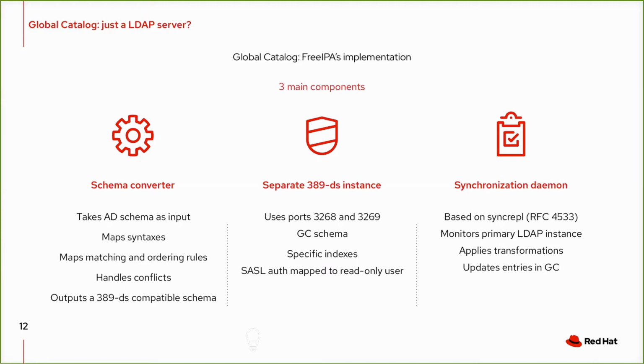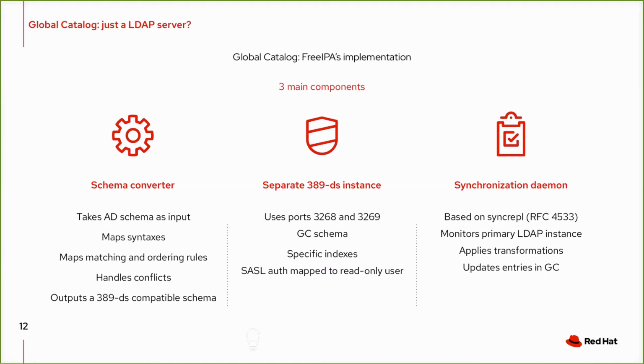Then the last part of our global catalog implementation is a synchronization daemon. This daemon is based on SyncRepl that is following a published RFC. Its goal is to monitor the primary LDAP instance, and it's listening for changes on entries, for addition, deletion of entries.